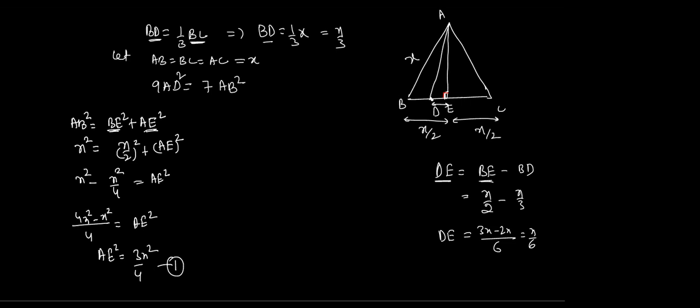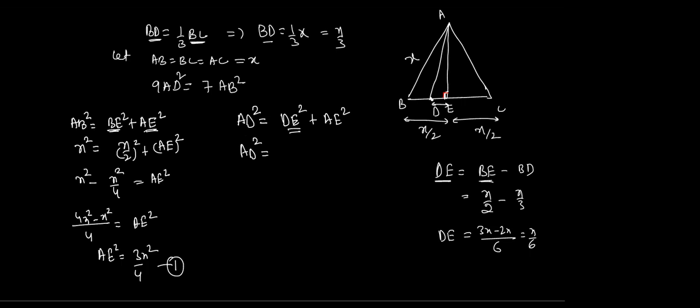Now use the same thing in this triangle. So we can write AD square is equal to DE square plus AE square. Now AD square, we don't know the value, so we write AD square.